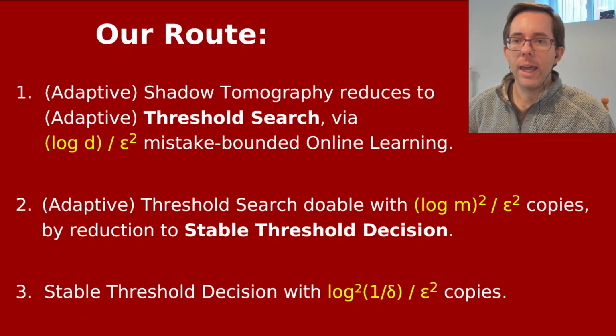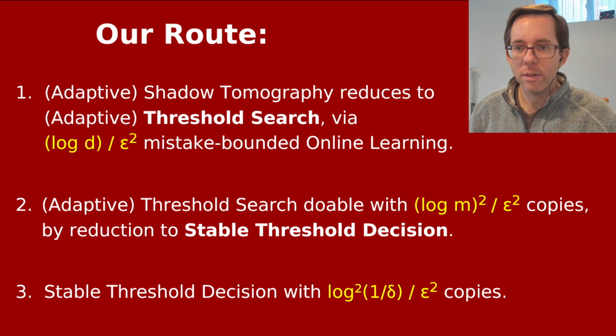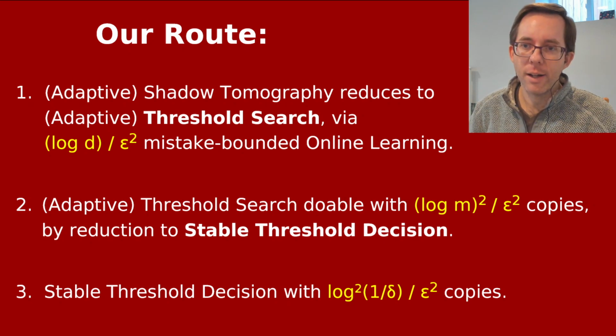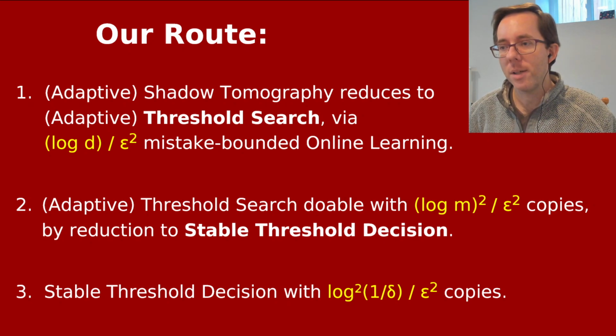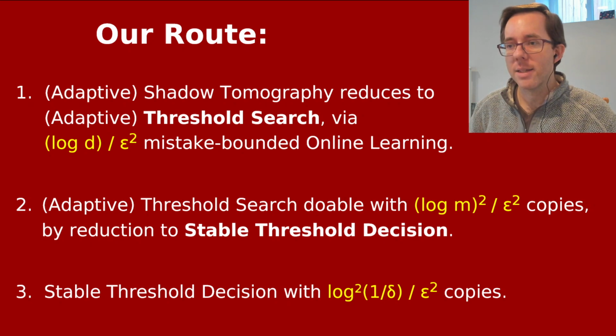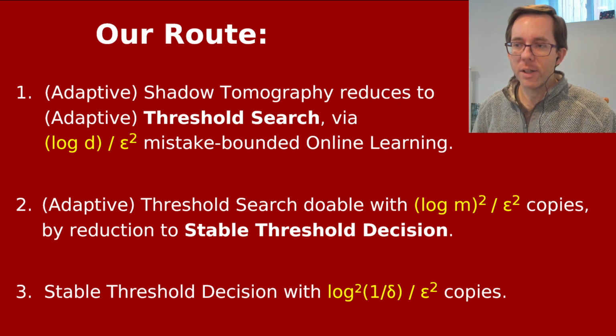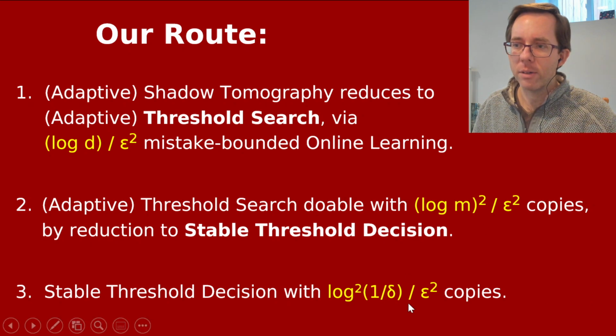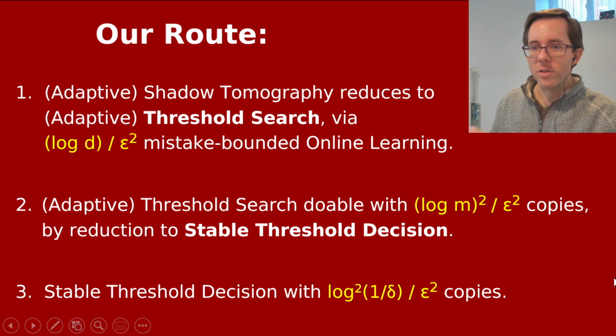And the final piece, number 3, is to show how to do this stable threshold decision problem with a number of copies that's log squared 1 over delta, and I'll explain what this means, but delta has to be like 1 over m, so this is how these 2 results connect, over epsilon squared copies.